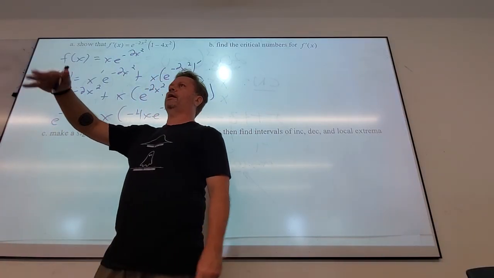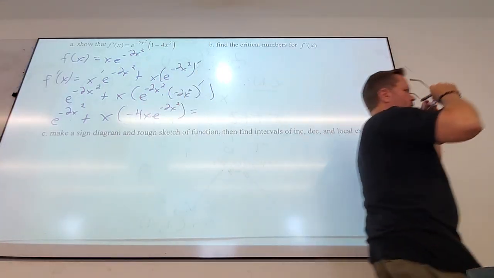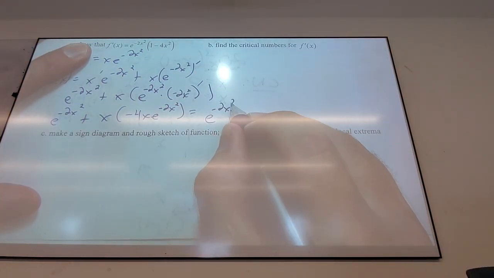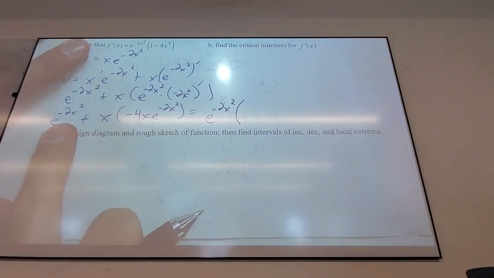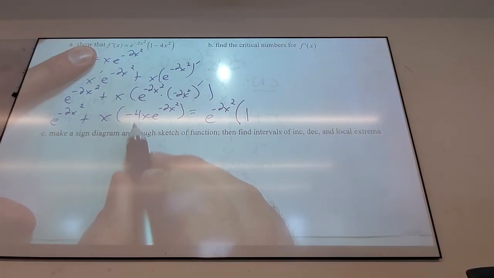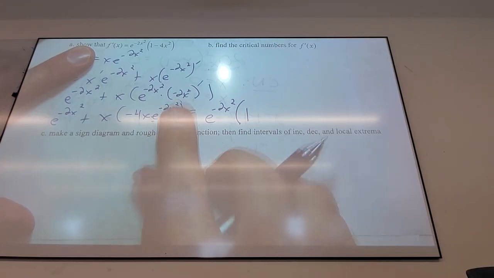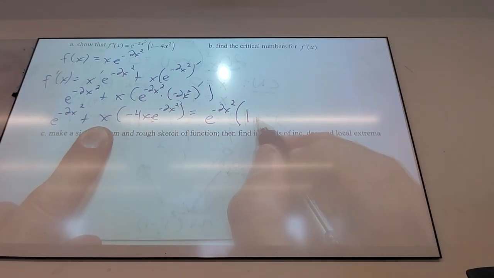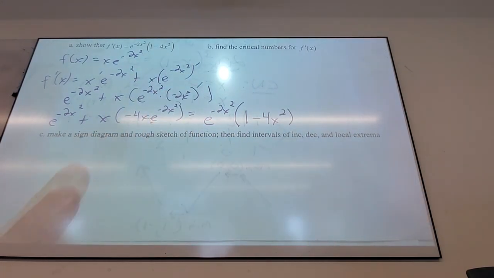What do they both have in common? E to the negative 2x squared. I can take that out. If I take it out of itself, it's left with 1. And then if I take it out of here, I'm left with negative 4x times x, negative 4x squared. Which is what I was supposed to do. Thank the gods.